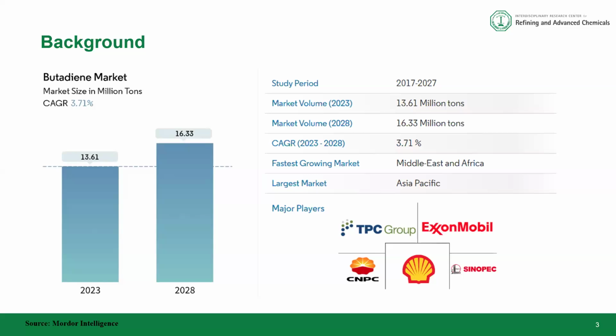So what we are showing here is the market for this very valuable product. As you can see, it has an annual growth rate of 3.71%, and it's a fast growing market. It's mainly in the Middle East and Africa. And the major players for this product are TPC Group, ExxonMobil, Shell, Sinopec, etc.